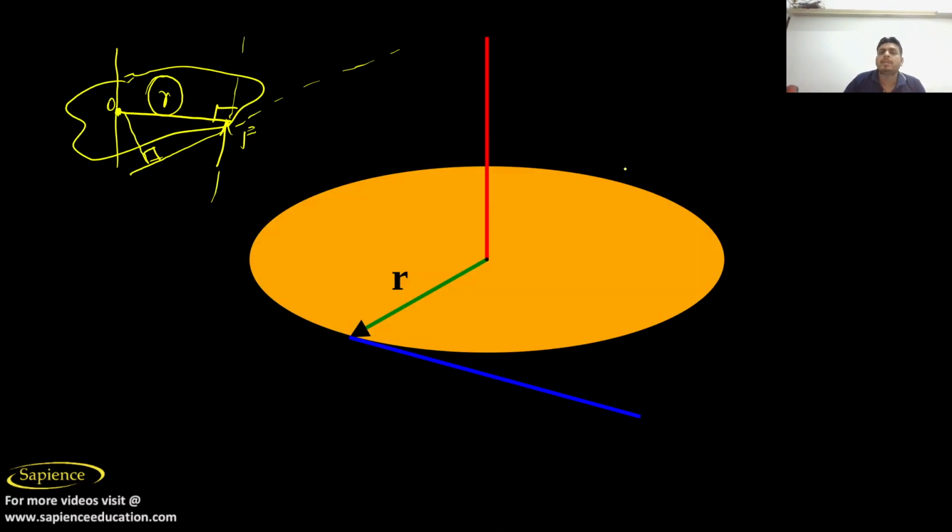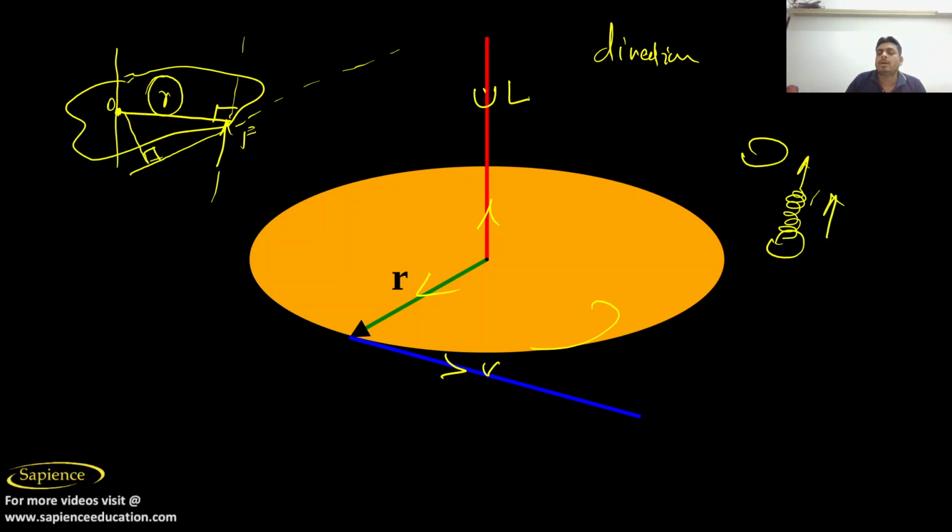Now, what is the direction of the angular momentum? The direction can be found by the right hand thumb rule. Here this is your linear velocity, this is r, and the direction will be upward. The angular momentum direction will be upward, just as when you rotate a screw, it goes up. I hope you have understood.